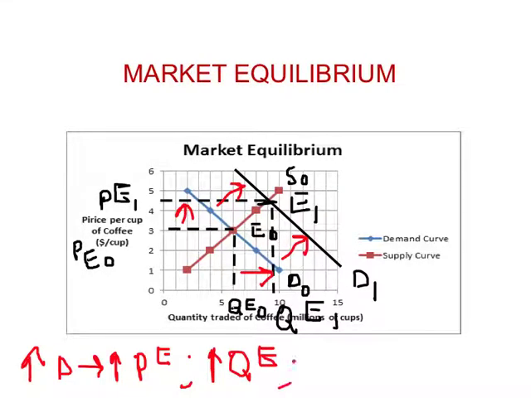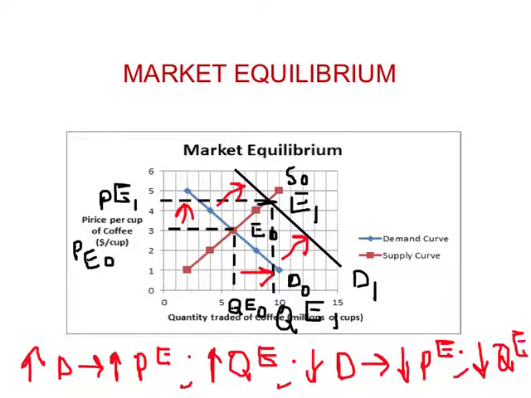Now I'll not do this, but you can figure this out on your own. When the demand curve falls or shifts to the left, we would expect a decrease in equilibrium price and a decrease in equilibrium quantity traded.